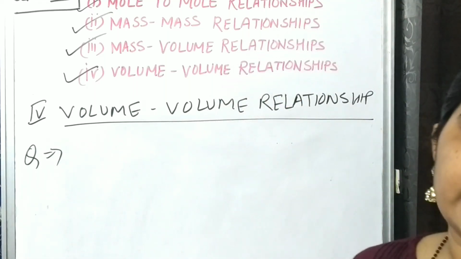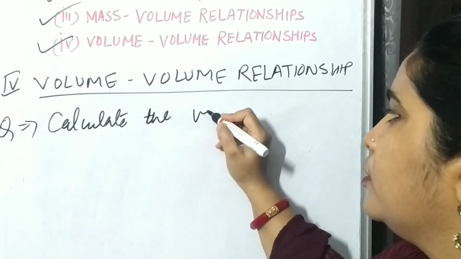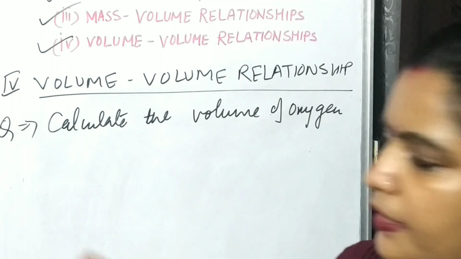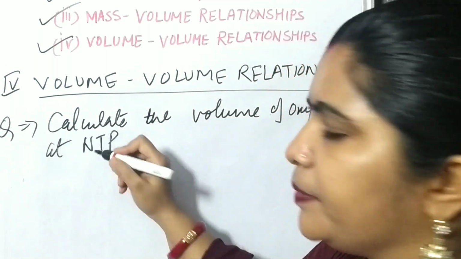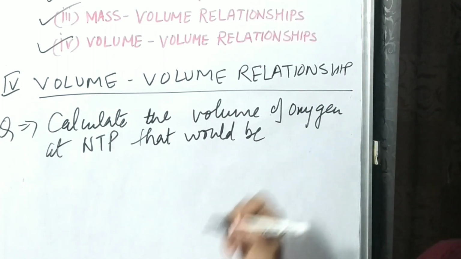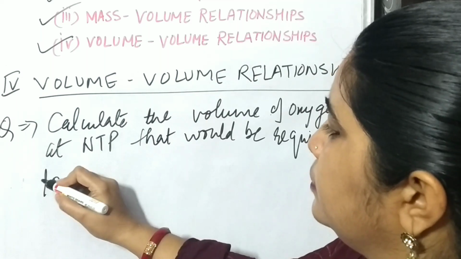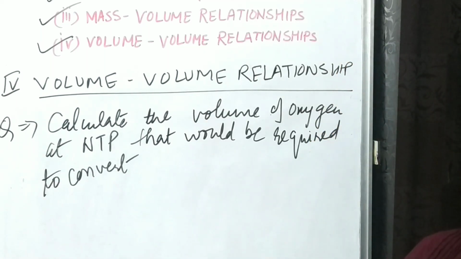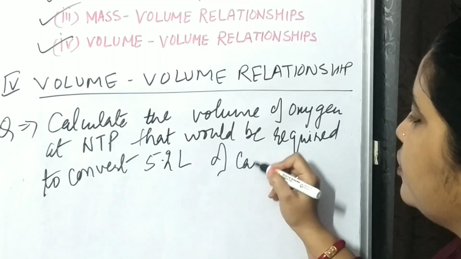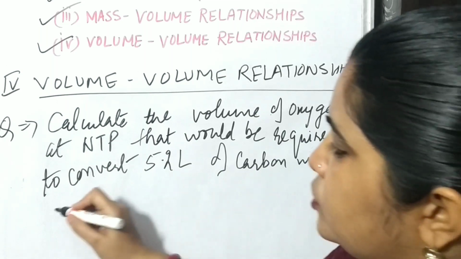Calculate the volume of oxygen at NTP that would be required to convert 5.2 liters of carbon monoxide to carbon dioxide.